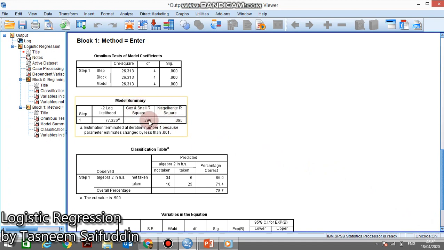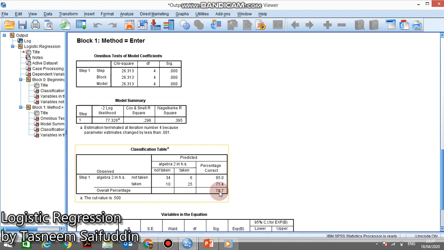In the previous analysis we have seen the adjusted R square. Here we have Cox and Snell R square and Nagelkerke R square. The value is saying that 0.395, that is 39.5% of the variance can be predicted from the combination of 4 variables.